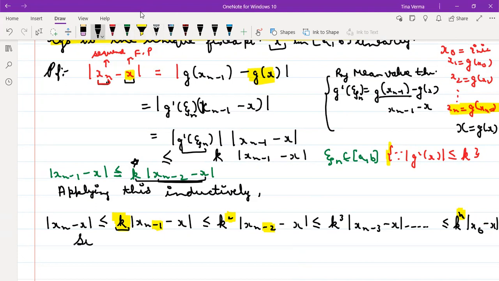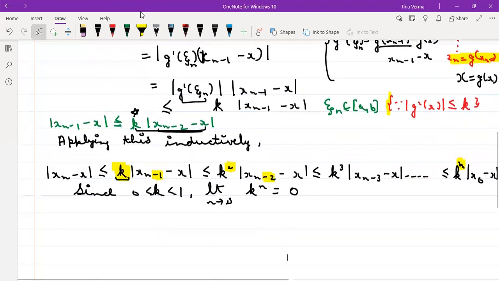Now, since your k is less than 1, the limit as n tends to infinity of k to the power n, what will it approach? Because your k is less than 1, and obviously you are taking the modulus of g dash x, that cannot be a negative element, so obviously k is greater than 0. So the limit as n tends to infinity of k to the power n will be 0.